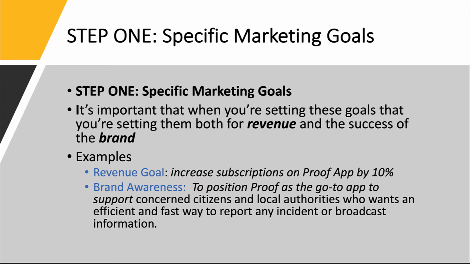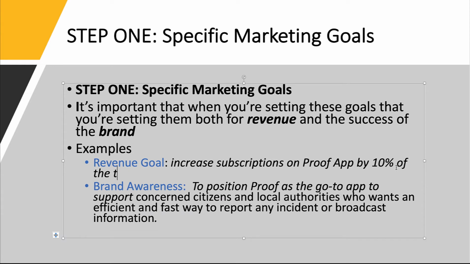So you want to increase subscription on the Proof app by say 10% of the target audience. Maybe that's missing there. Of the target audience. All right. So that could be it.